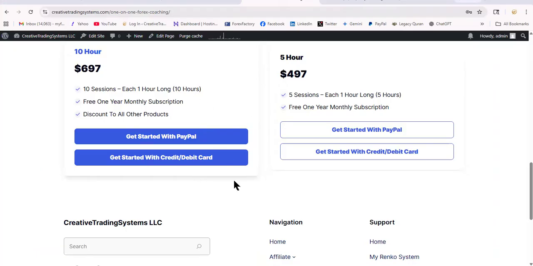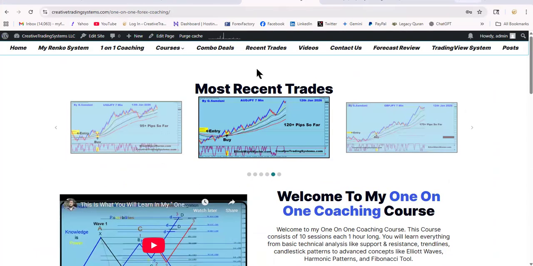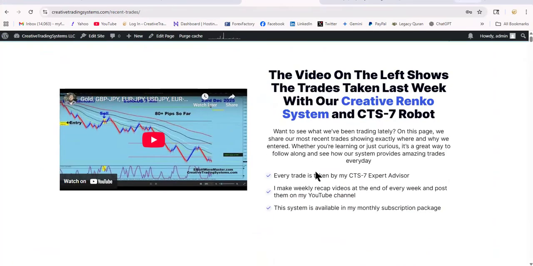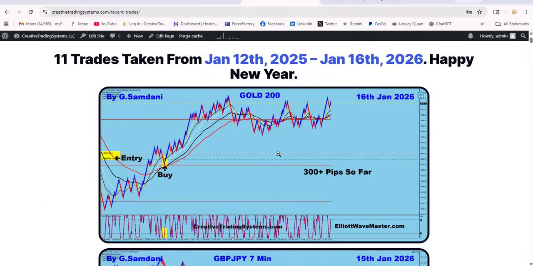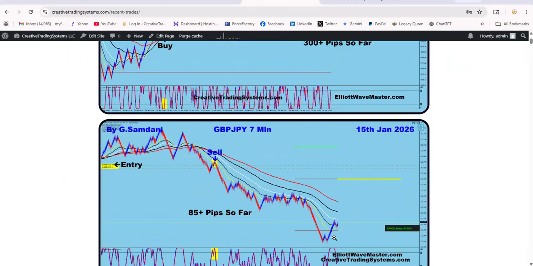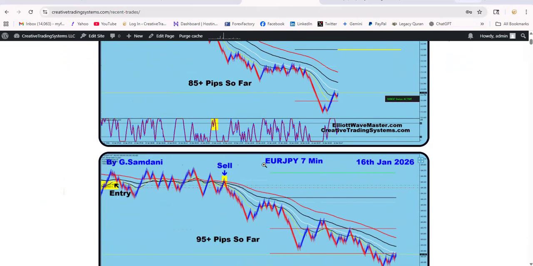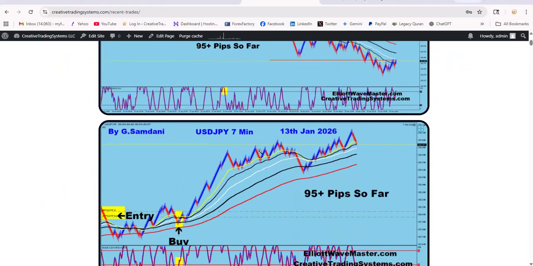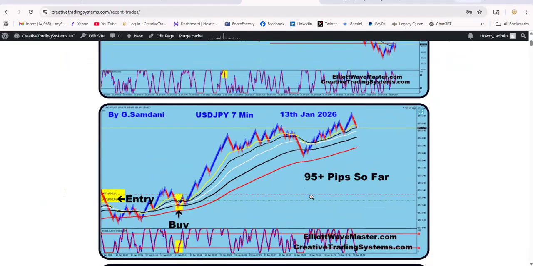For example, last week, let me see on recent trades, the last week's trades. I got sick a little bit later in the week, so only 11 trades, but you can see this is gold. This is pound yen going down here. This is a 7-minute entry. This is euro yen 7-minute entry. This is USD yen 7-minute going to the upside, 95 pip here.